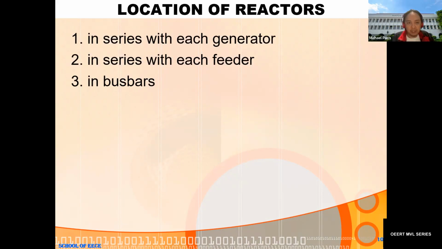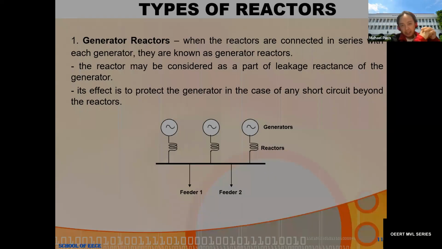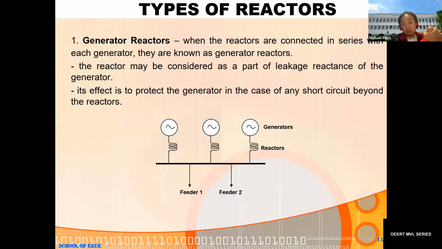Okay, now in this case, we have this generator reactors, which is placed in series with your generators. Definitely, this kind of setup is okay with all generators. But this is not practical with the new generator, because we already know this type of machines is already equipped with the state-of-the-art protection.